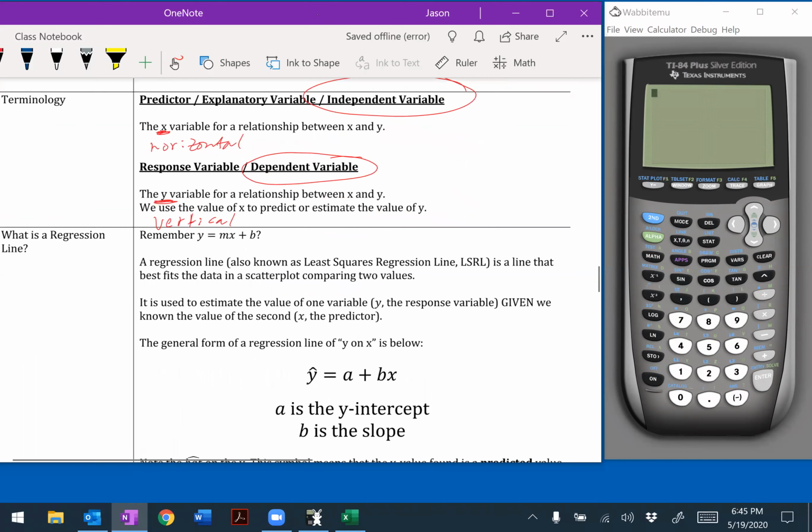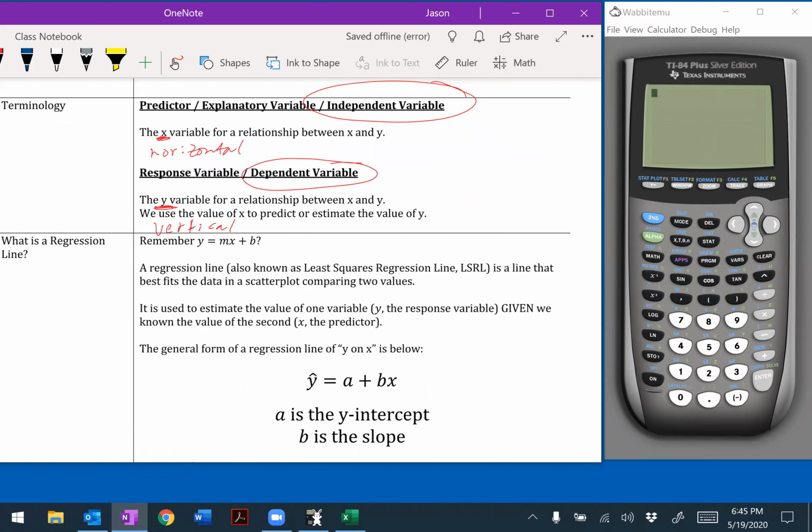Okay, so what is a regression line? Remember y equals mx plus b. Okay, that's the slope and the y-intercept, right? So the m was the slope, and the b was the y-intercept.